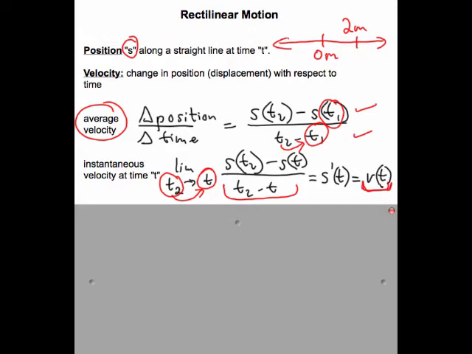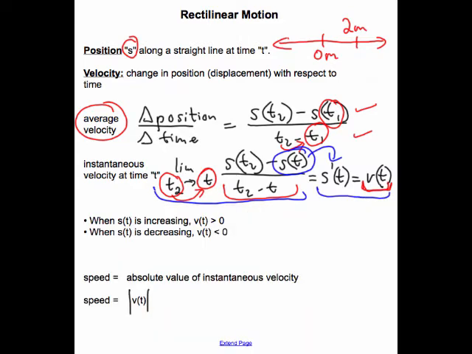And you'll note that this limit looks familiar. It's the limit for the derivative of this function. So s prime of t is therefore the same as instantaneous velocity. Now we also know that when a derivative is positive, in other words, when a velocity is positive, this function s would be increasing.